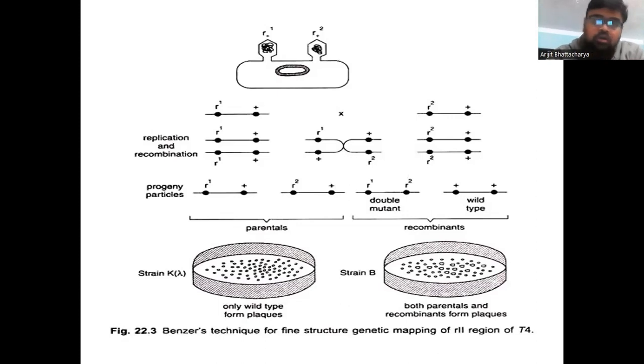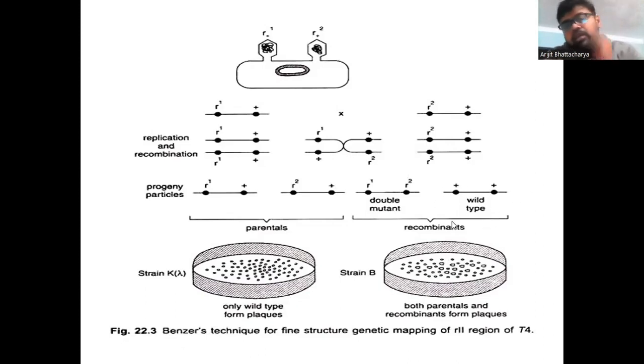So, what would be the outcome? The strain B will give you the total count of phage, and this plate will give you the count of the wild type.